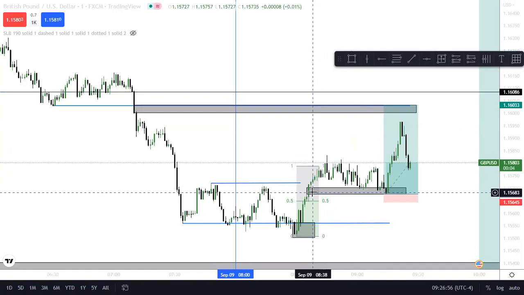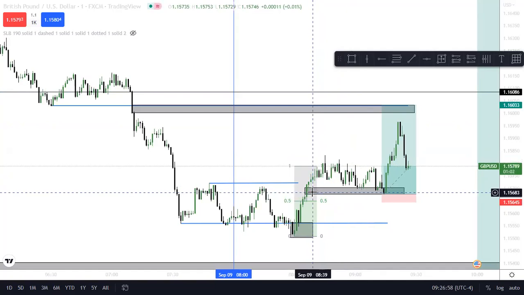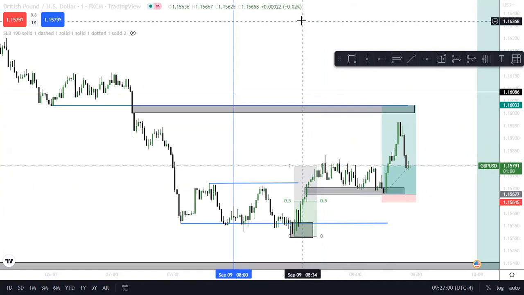So it sounds a little bit simplistic, but let's put them together. The last thing I said earlier was that order blocks form a liquidity pool.